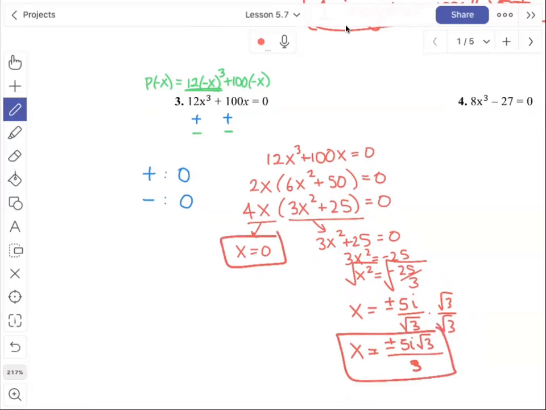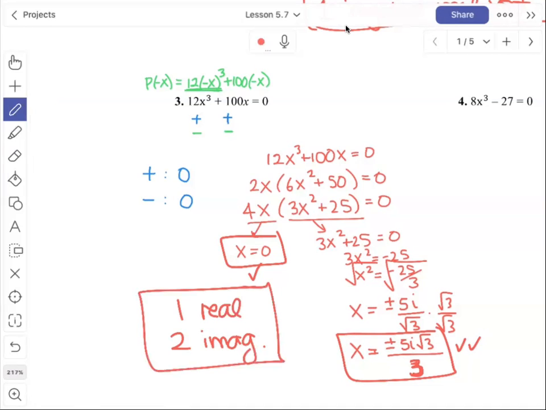Let me clean that 3 up a little bit. All right, so you can see I have no positive, no negative. 0 is considered neutral. So I have 1 real root, and then I have 2 imaginary ones.